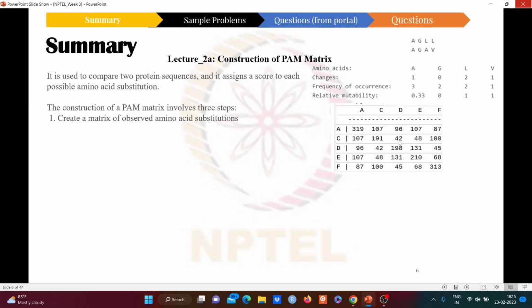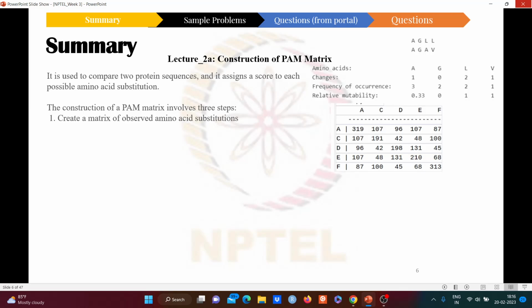I have given a short matrix of only 5 amino acids. Generally the matrix will be 20 by 20 amino acids. This resultant matrix will contain the observed frequency of each amino acid substitution. For example, the matrix here shows the number of times each amino acid has been substituted for another amino acid.